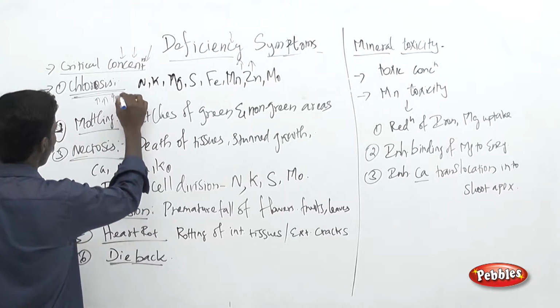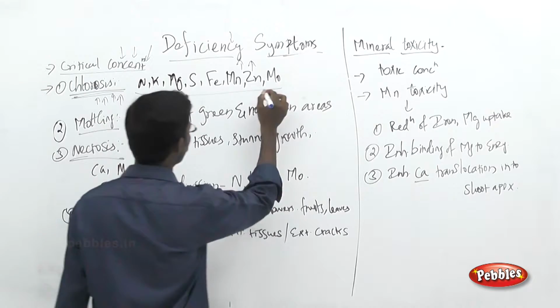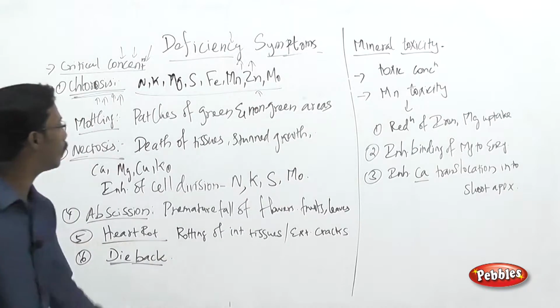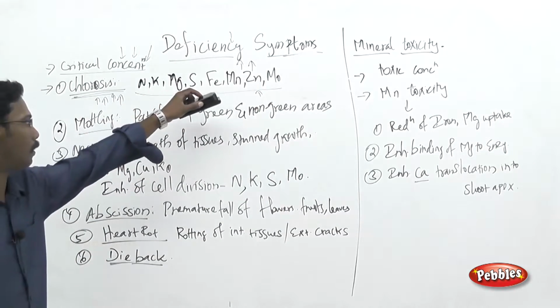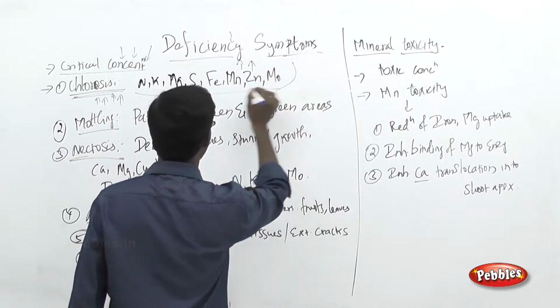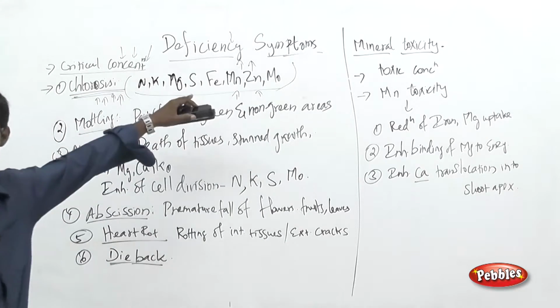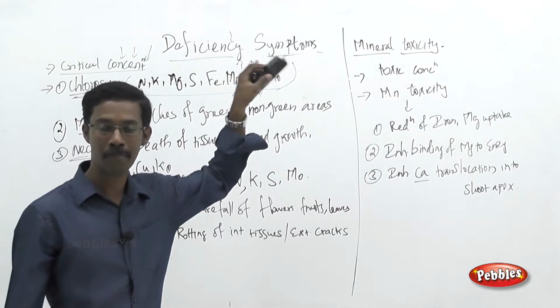So that is what is called chlorosis. Chlorosis is caused by the deficiency of these minerals: nitrogen, potassium, magnesium, sulfur, iron, manganese.